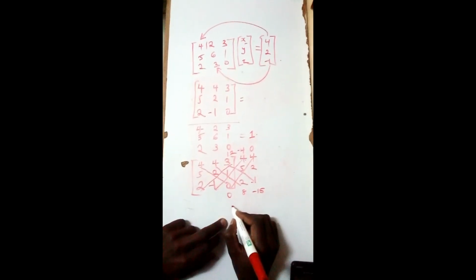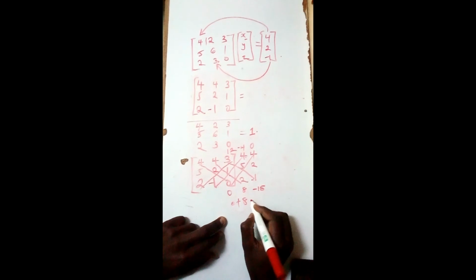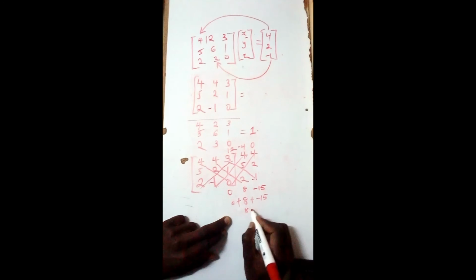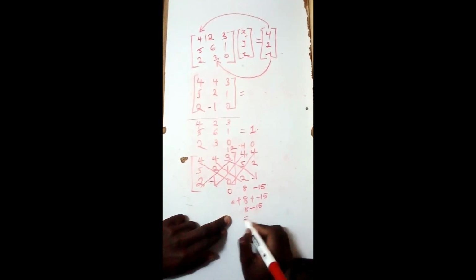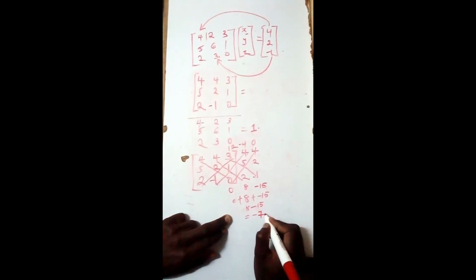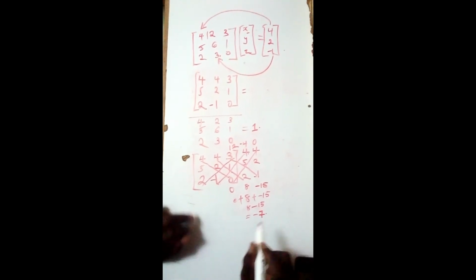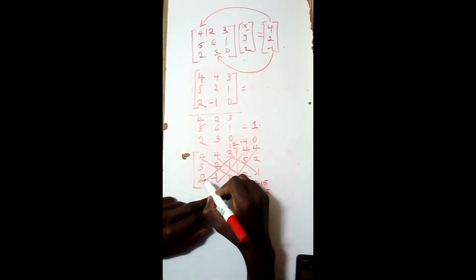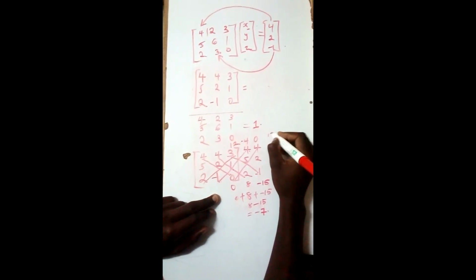So we're going to get 0 plus 8 plus minus 15, which is 8 minus 15, which is negative 7. Then this one is going to give us 12 plus minus 4, which is 8.